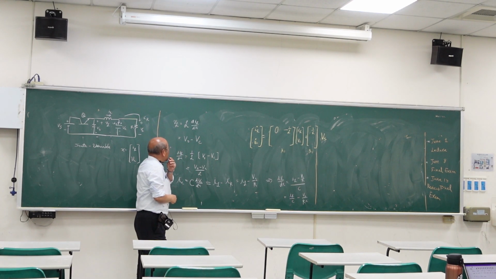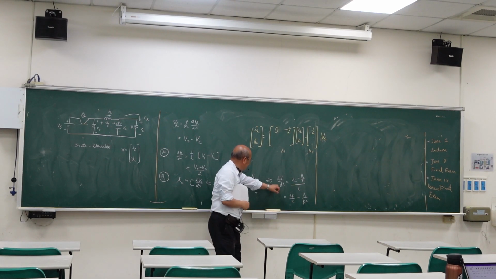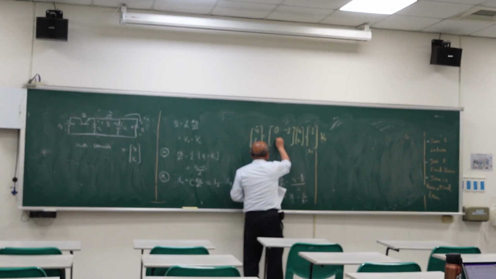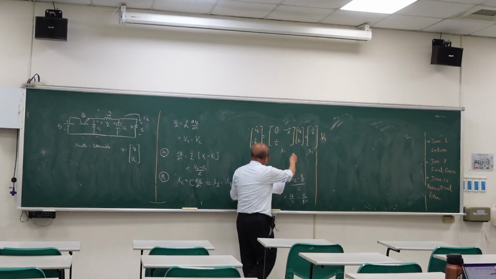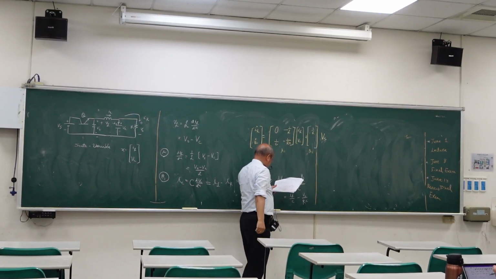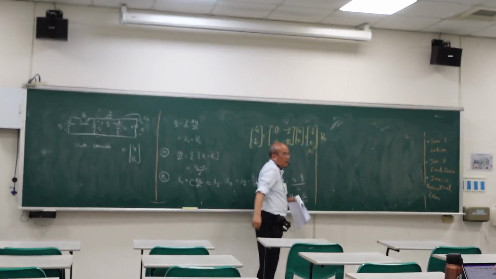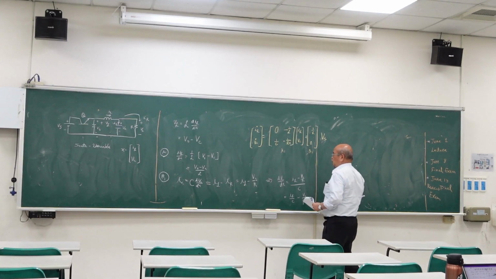So this is IL dot. How about Vc dot? Vc dot equals IL divided by C minus Vc divided by RC. How about here? No Vs, 0. So you can obtain X dot equals AX plus BU.